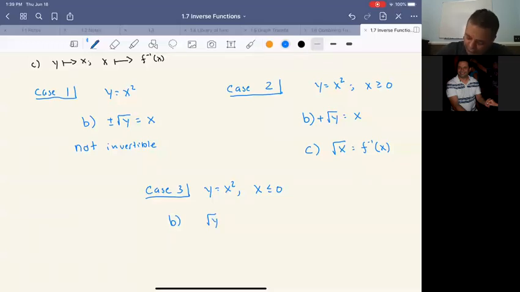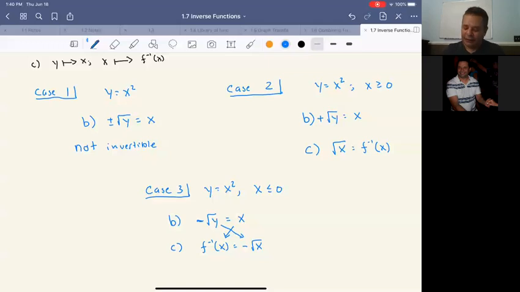Square root of y equals x. I'm missing the negative sign, because the square root always gives me something positive. So we're going to have a negative sign there. And now, making our replacement, f inverse of x should equal negative square root of x.